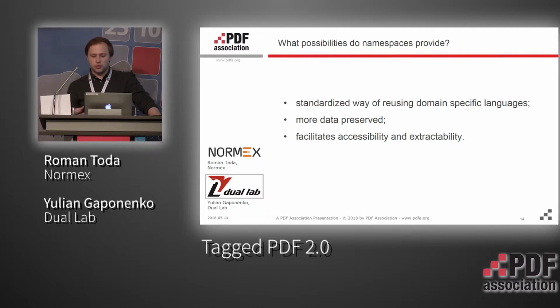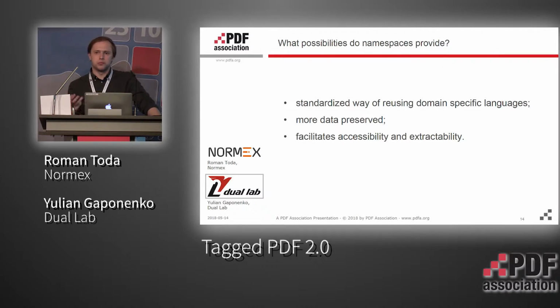If you specified, for example, that this structure element belongs to a namespace, and you know the name of this namespace, you immediately and certainly know what it is and what it means. So this facilitates document understanding. However, it's not always about adding supplementary data.